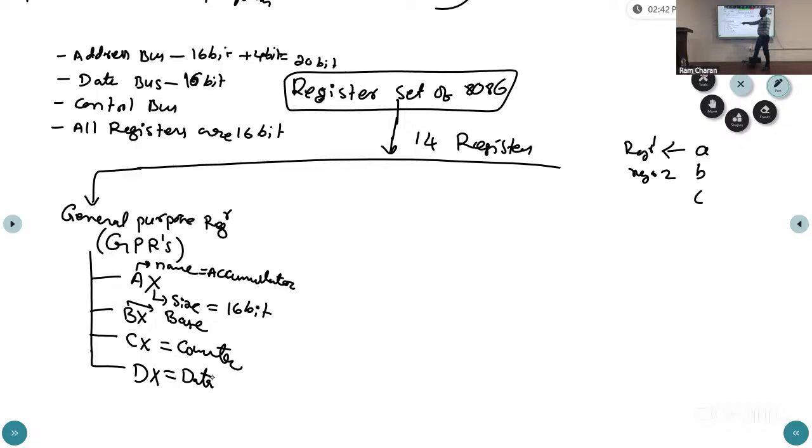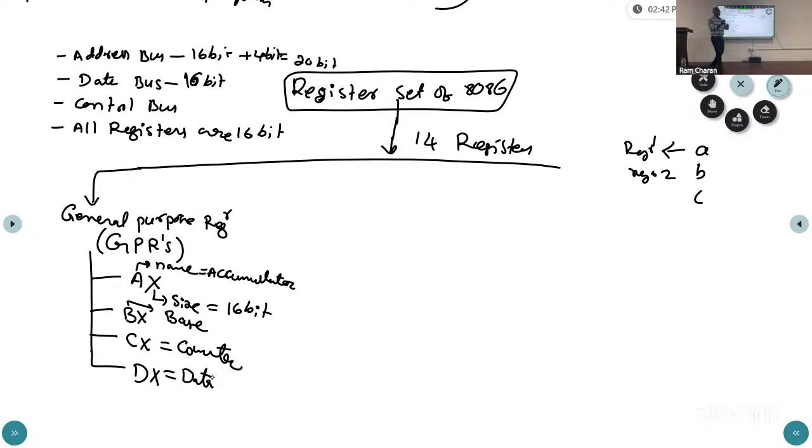So AX, BX, CX, DX. Fortunately, the first 4 English letters, A, B, C, D. A is the accumulator, B is the base register, C is the counter register, and D is the data register.